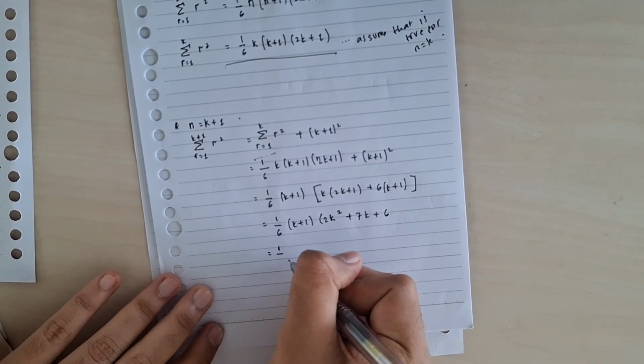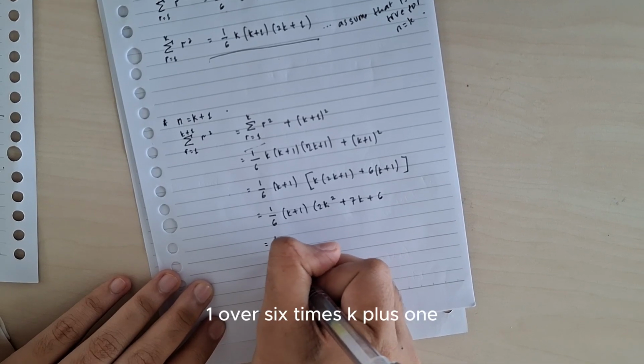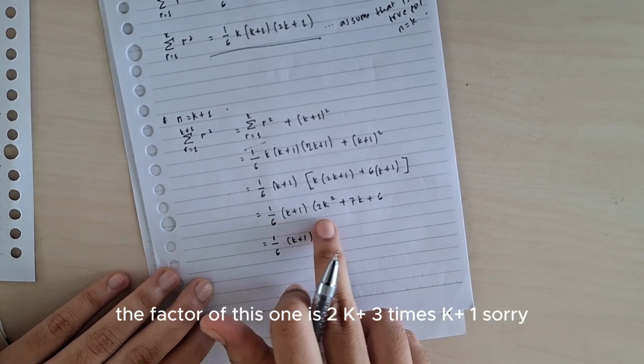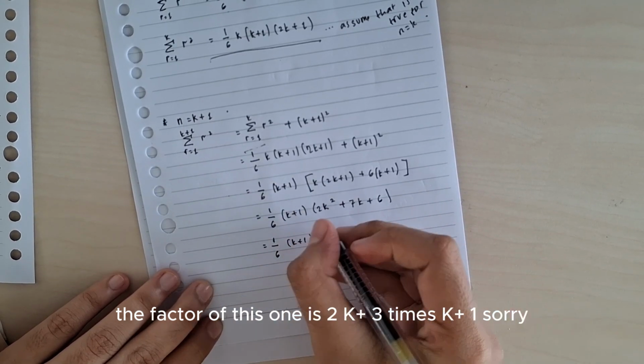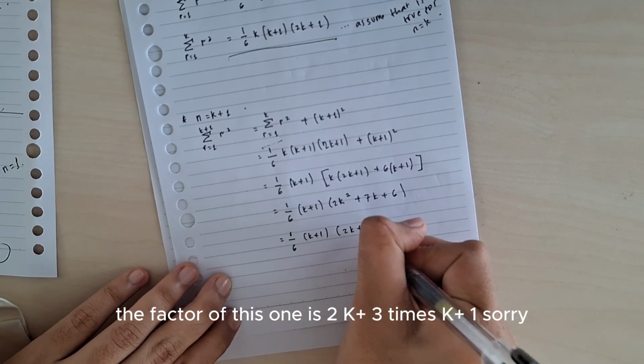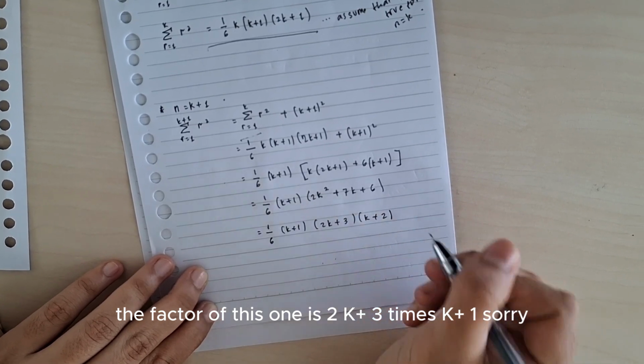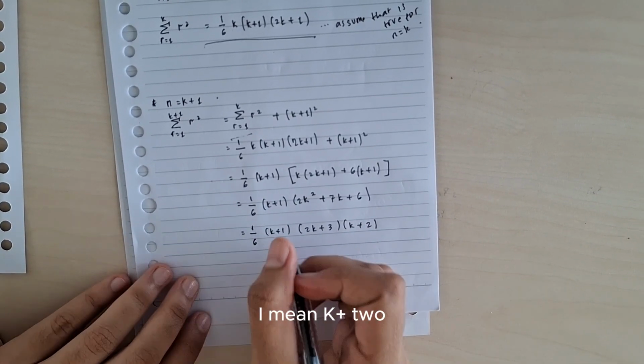And then 1 over 6 times k plus 1. The factor of this one is 2k plus 3 times k plus 1. Sorry, I mean k plus 2.